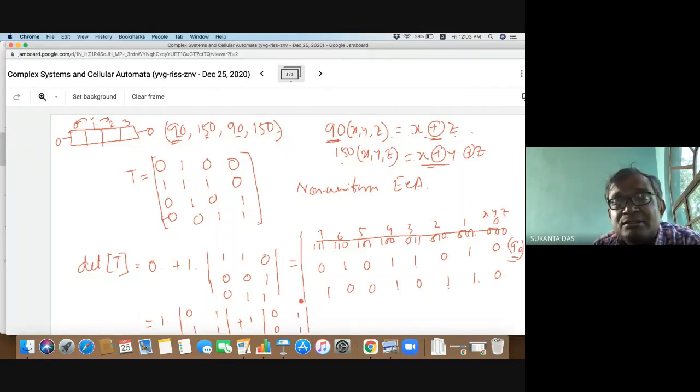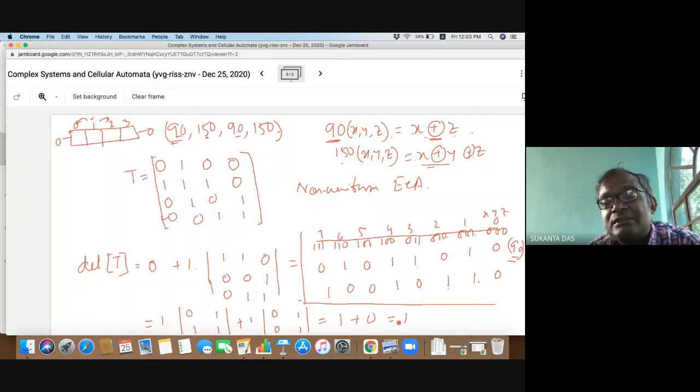This part is 0, so 1 plus 0 equals 1. So the determinant of T is 1.